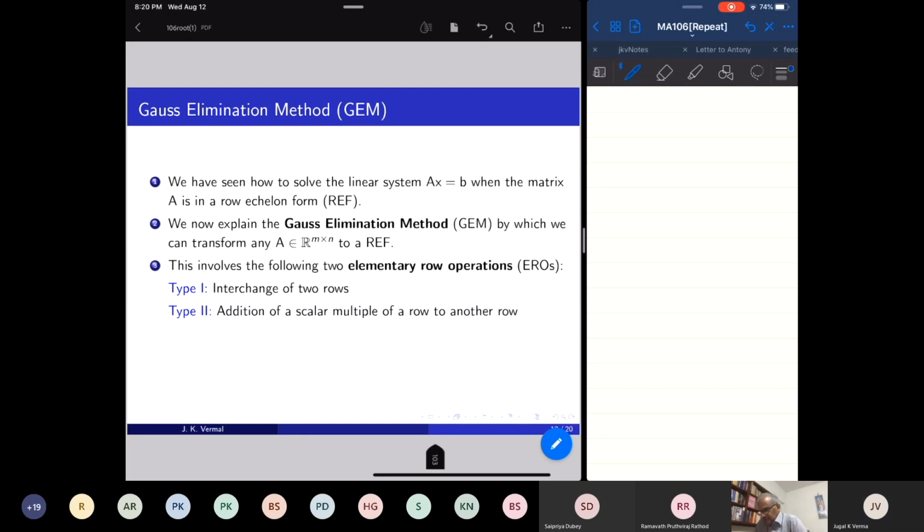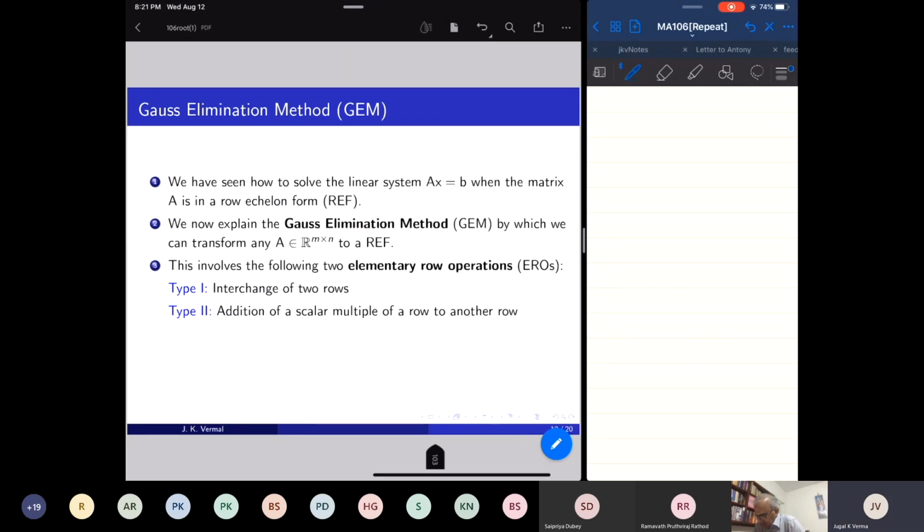Yeah. And this also doesn't change the solutions, although it changes the system of equations. It changes the coefficient matrix. So if I add scalar multiple of a row to another, it's like adding a scalar multiple of one linear equation to another linear equation. And it's clear that these two system of linear equations have exactly the same set of solutions.